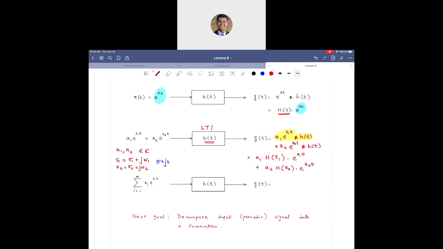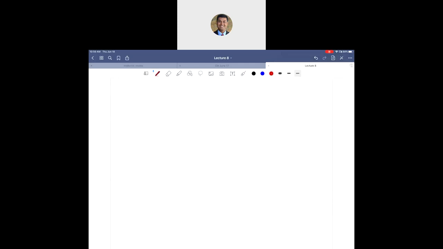I think it's a little bit helpful if we do an example other than this one. So instead of looking at H of s1 and H of s2, let me add another slide and try to write this. Suppose you have e to the 2t going into this system with some signal operator. What comes out?